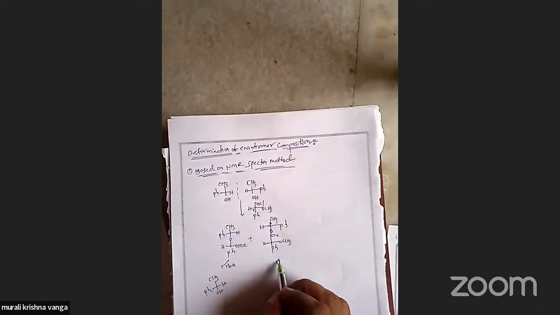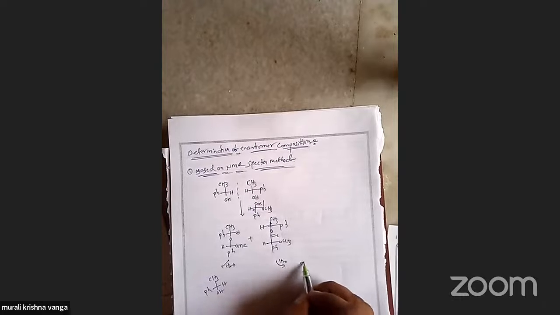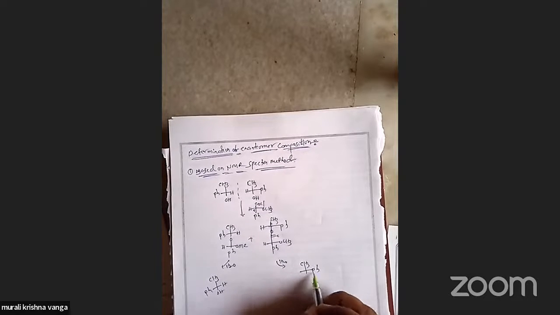Like this, enantiomers are separated by reacting with a chiral reagent, converting to diastereomers, and hydrolyzing again to give the enantiomers.